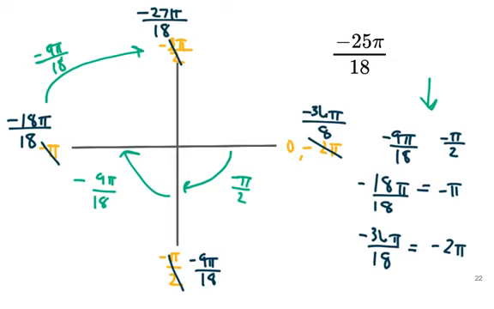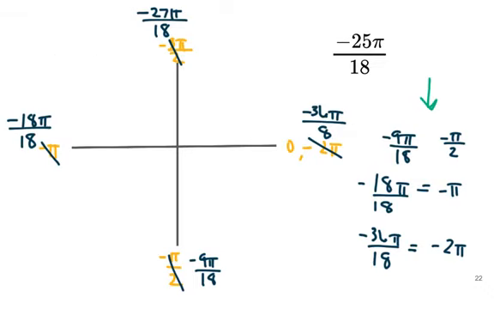Okay, so now, and I'm going to get rid of this stuff while I talk. Now it should be clear for you to see, oh, this angle here, it's between negative 18 pi over 18 and negative 27 pi over 18, right? Negative 18 and negative 27 house negative 25 between them. So we know that this is going to be in quadrant 2.